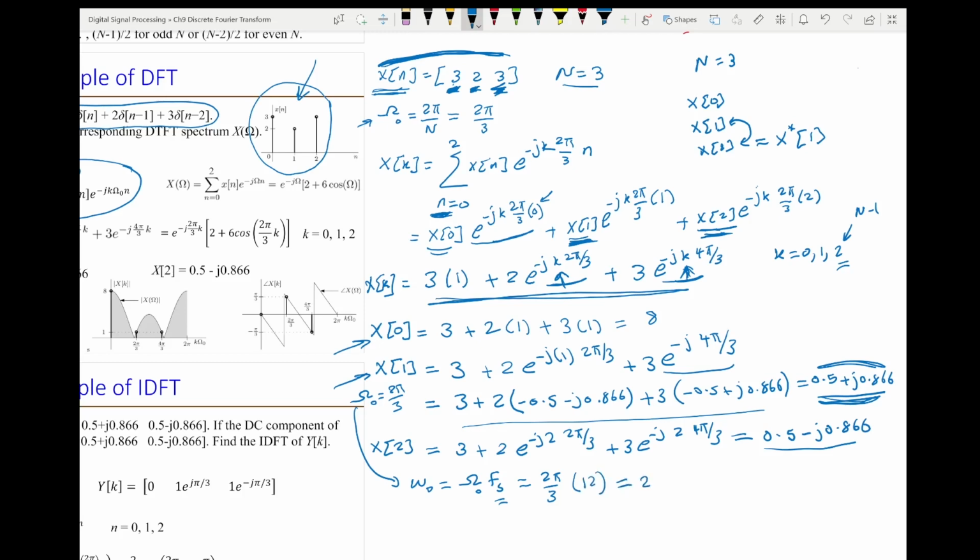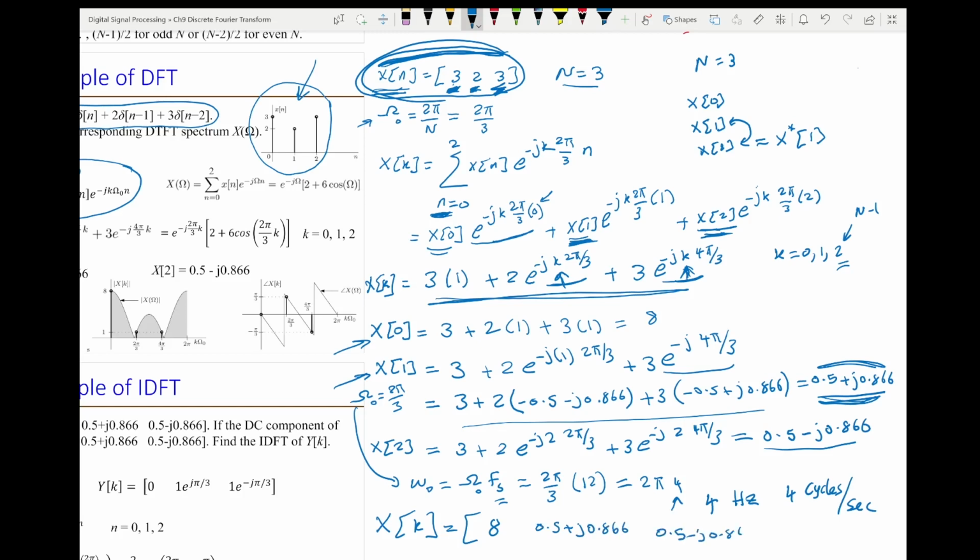Then this will be just 2 pi times 4. So the fundamental frequency is 4 hertz, or 4 cycles per second. So the discrete Fourier transform took you from here to here.